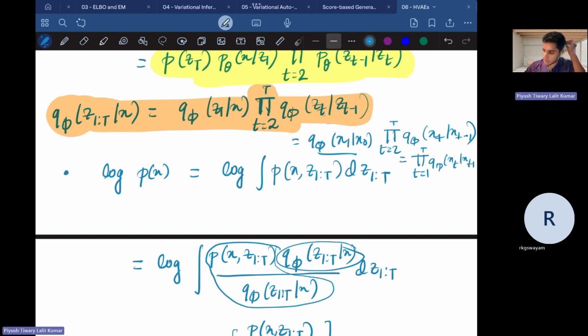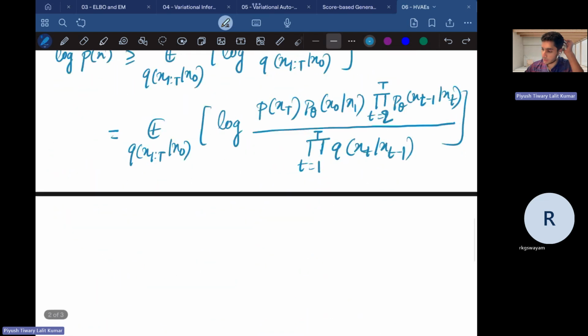Now you can think about it: this is nothing but this whole expression for t equal to 1, which is x1 given x naught. So you can pull this term inside this product, and that is what I have written here.